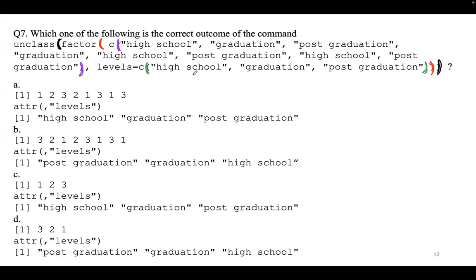High school will be called 1 everywhere, graduation will be called 2, post-graduation will be called 3. So it's going to be 1, 2, 3, 2, 1, 3, 1, 3, like this. You can just check, this is what is fitting the order.